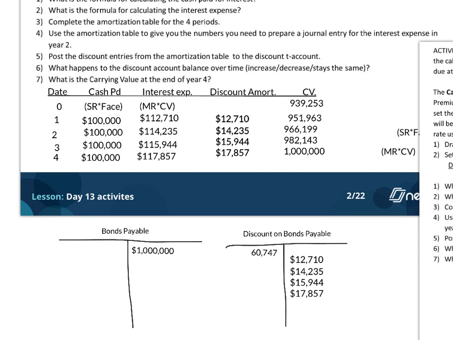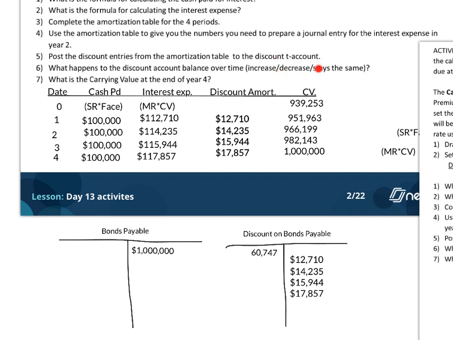Now, if you were to add up all of our amortization, you will see that this basically goes to 0. I know it's not going to go absolutely to 0 because of a rounding difference. Looks like it's going to leave me a 1, but the idea is that it completely goes to 0. What happens to the discount account balance over time? Increase, decrease, or stay the same?